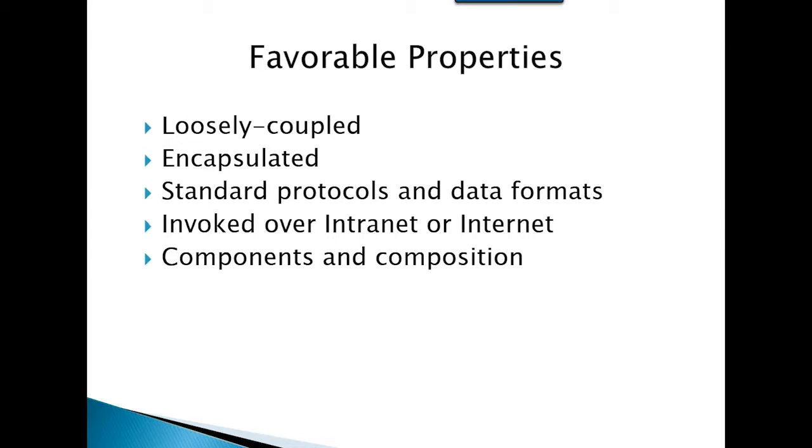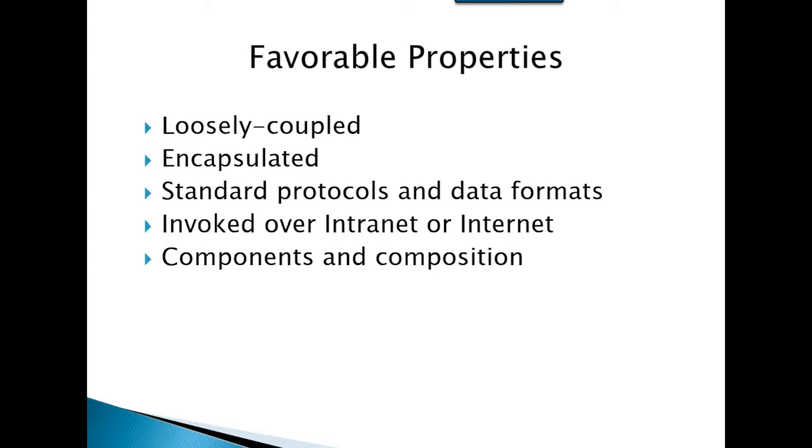The favorable properties are also about having standard protocols. In the past, we've had all kinds of different messaging languages and types of formats. With XML and JSON, we can now have standard formats that we can all use to communicate, so we're all talking the same language, and we all have an understanding of how to translate those messages back into their data states and the information they convey.